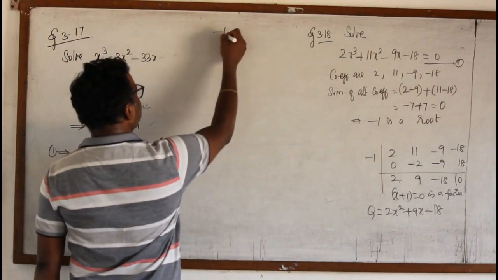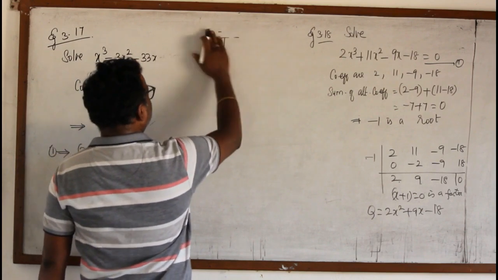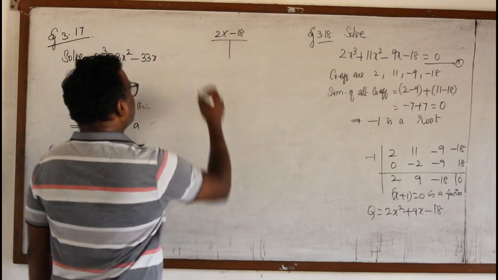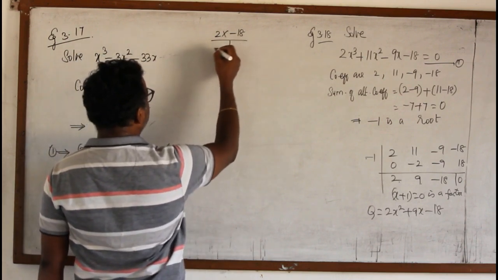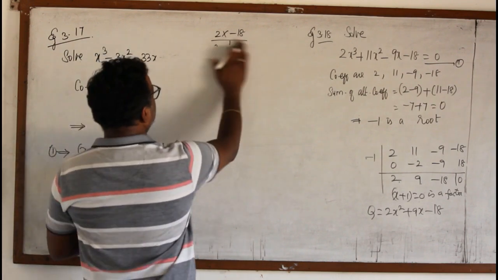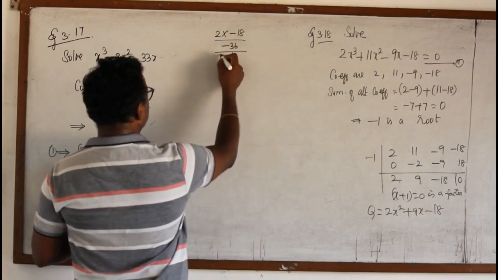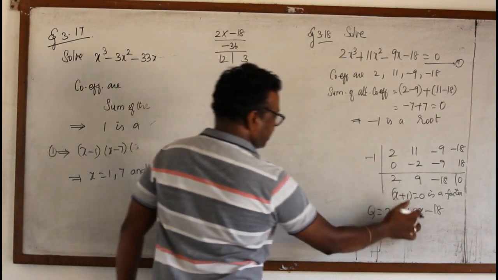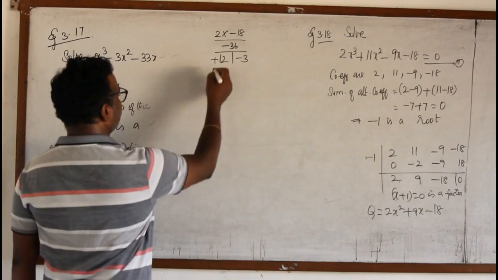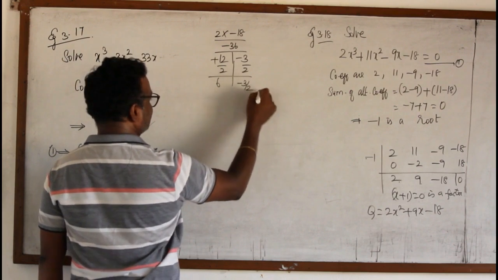We can factorize minus 18, so it is 2 into minus 18, I need 9, so 36, minus 36. 36 can be written as 12 into 3, because I need plus 9, so plus 12 minus 3, when we subtract it becomes plus 9. So by 12, by 2, the values are 6 and minus 3 by 2.